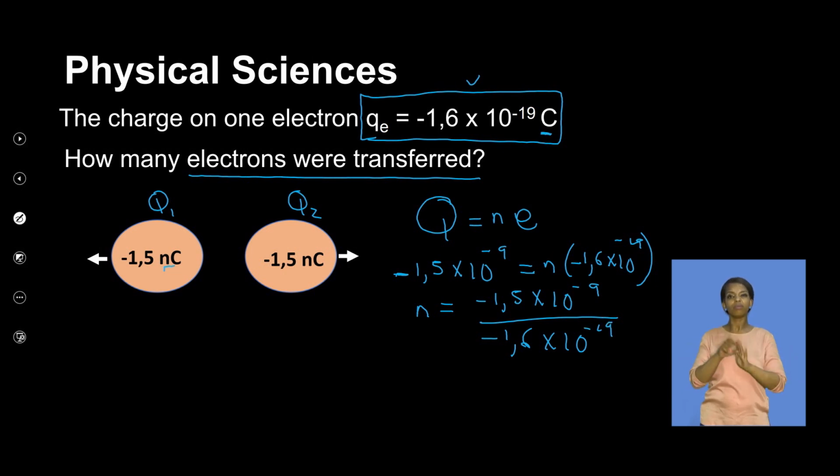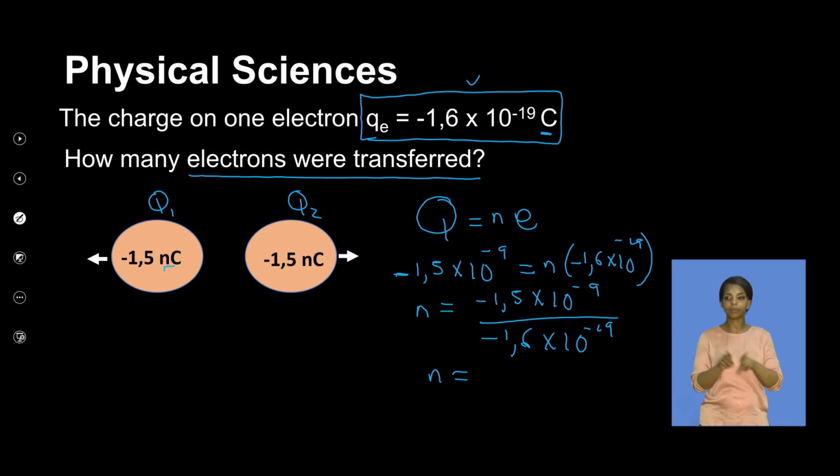So we can then go to our calculator. What is also important is that the number of electrons transferred cannot be negative. It is a positive, whole number of electrons. We can have 10 electrons for argument's sake, but we cannot have minus 10. So when I do that division, the signs must be the same.